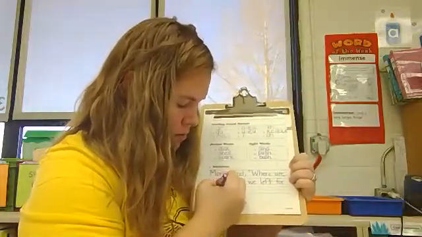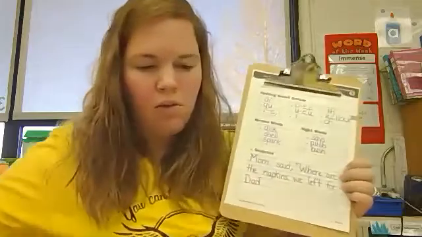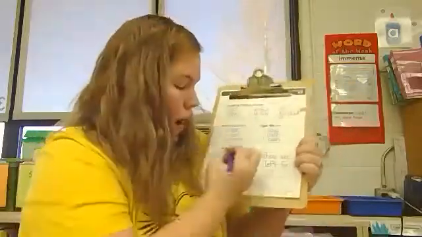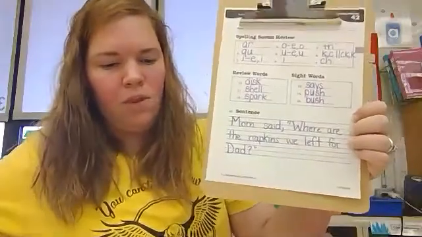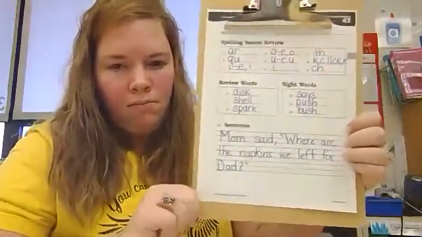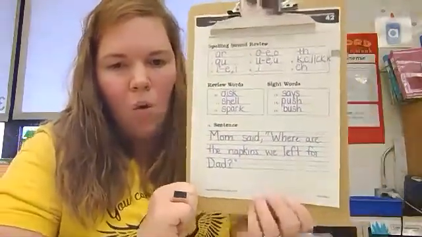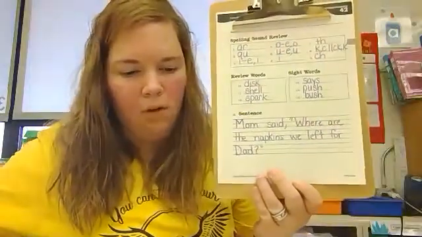Capital D for Dad. Now, what do you think needs to go at the end of the sentence? Where are the napkins we left for Dad? A question mark. Mom asked a question, and then we finish with the quotation marks. Mom said, "Where are the napkins we left for Dad?"